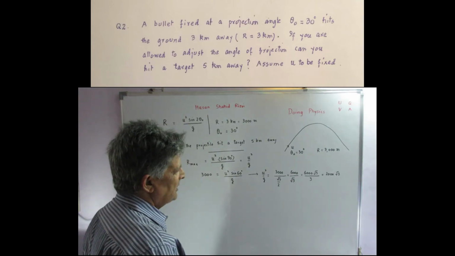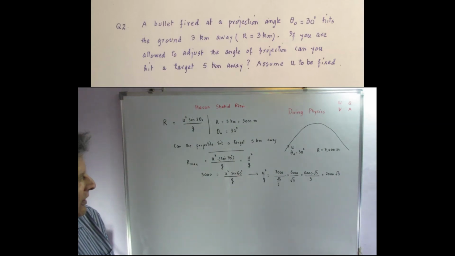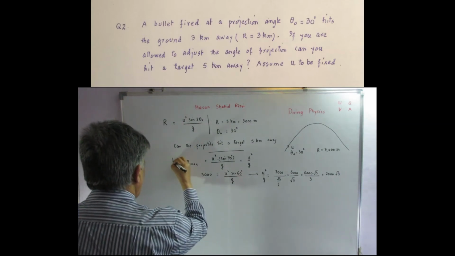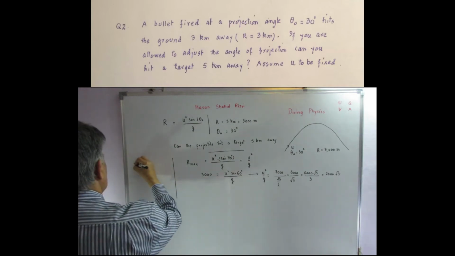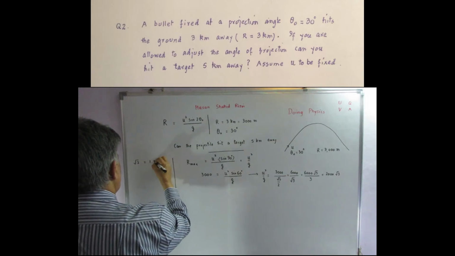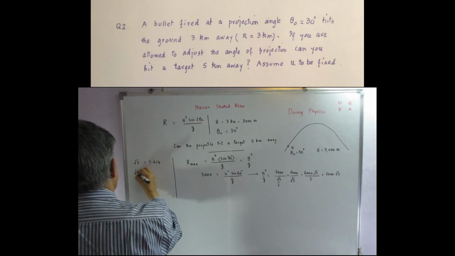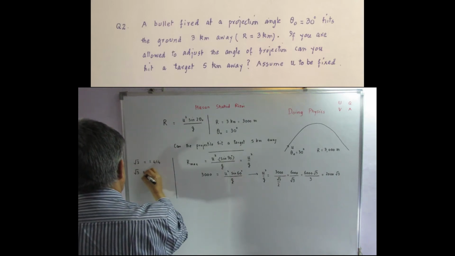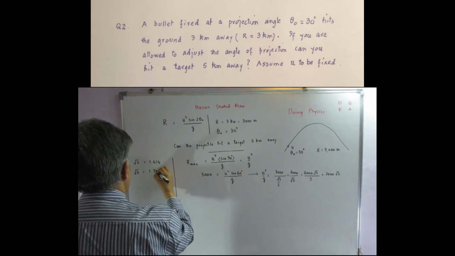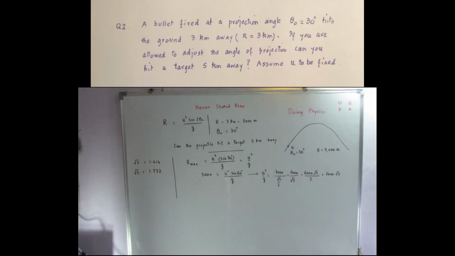The two values we ought to remember, because we don't have any calculator. So here I told you before that root 2 is equal to 1.414 and root 3 is equal to 1.732. In Urdu, this is 14 and this is 17.